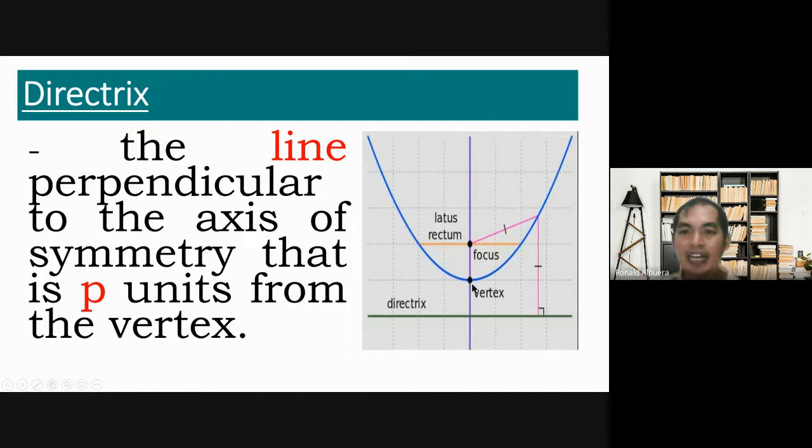Kung gaano ang length niya from the vertex to the focus, ganun din ang length niya from the vertex to the directrix. But this is a line. It's no longer a point. Ang directrix ay line, which is perpendicular to the axis of symmetry. Pag sinabing perpendicular, the point of intersection, nag-form siya ng 90-degree angle.